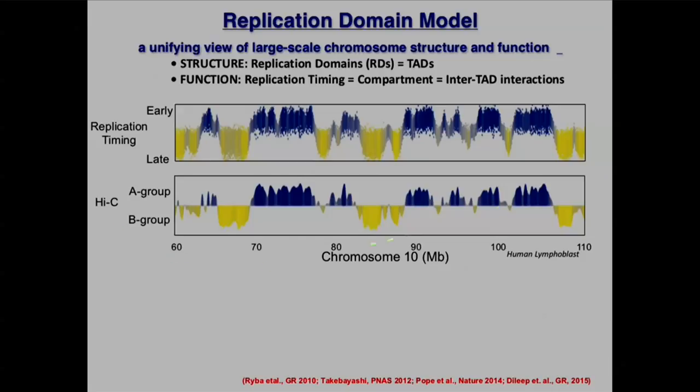Those compartments are composed of a smaller structural unit called topologically associated domains, or TADs. Structurally, the replication domains, which are the units of regulation during development, are equivalent to topologically associated domains.